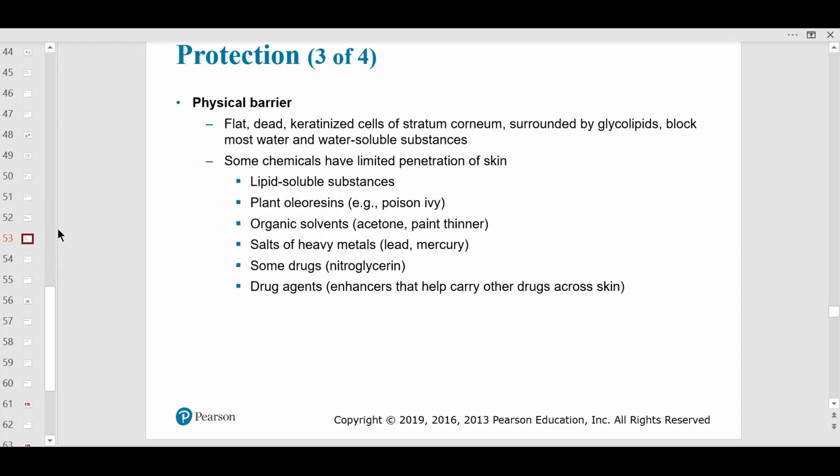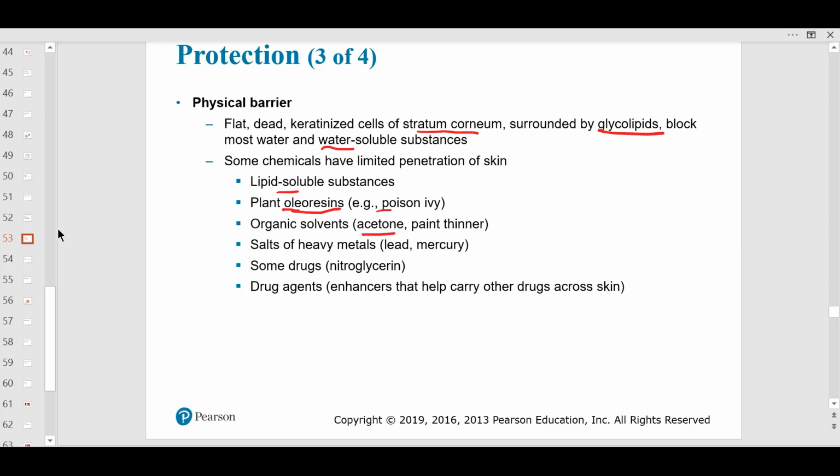Physical barriers make sense. Remember the stratum corneum and all those waxy parts of the skin, keratinocytes, blocks things that can come in like water, right? And limited entry of lipid-soluble substances and these allergens that are from the poison ivy plants, which if you're allergic to it, you're sensitive to it, of course, you're going to get a problem, an inflammatory response, immune response.